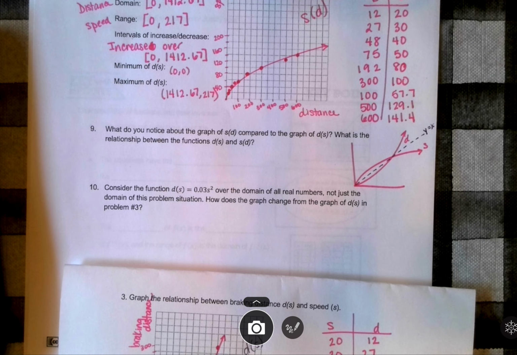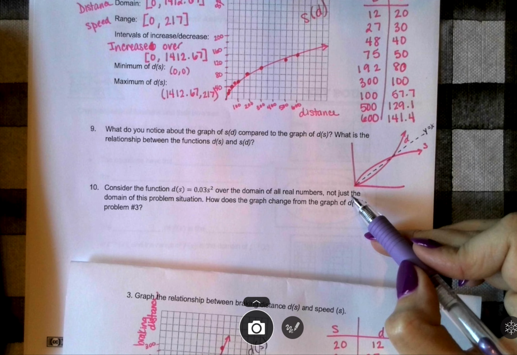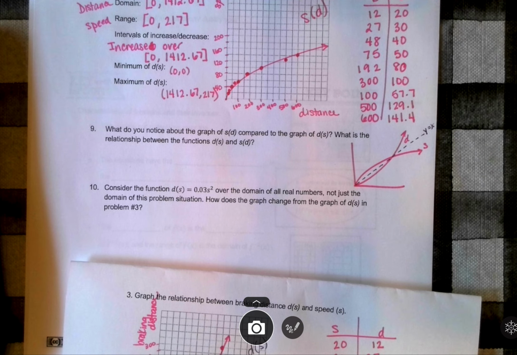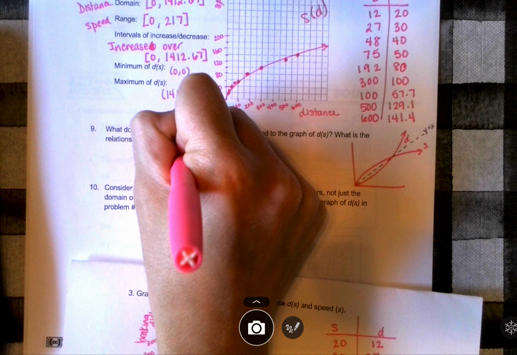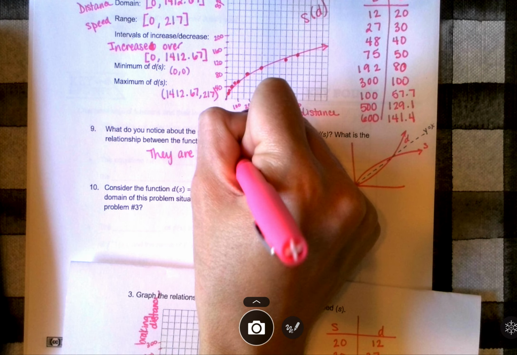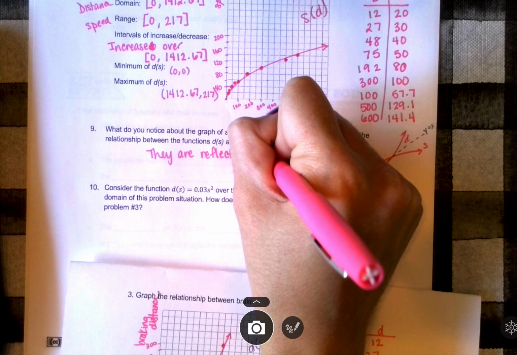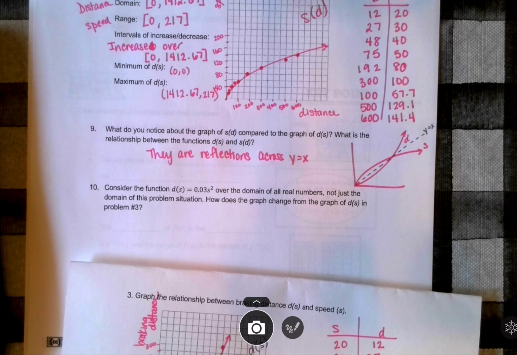And I can see that if I were to fold my paper on this dotted line, my two graphs would line up. They are reflections across that line. So here we're going to say they are reflections across y equals x.